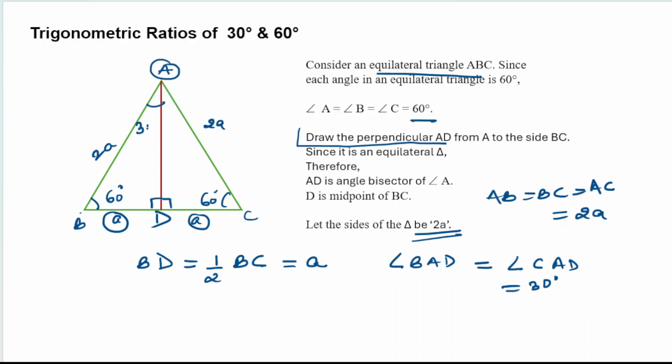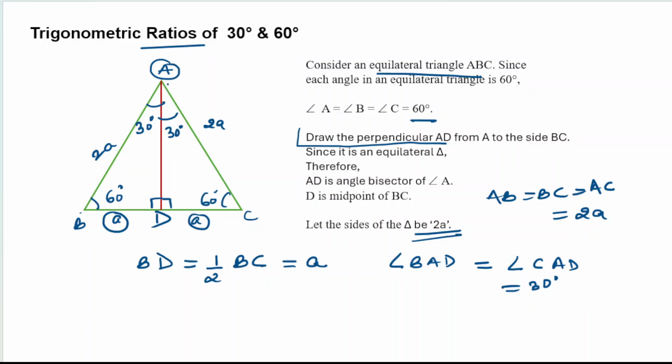So this angle is 30 degree and this is also 30 degree. This construction and this assumption we have done so that we can get the sides of the triangle, because we know that for calculating the trigonometric ratios, the side measurement is necessary.